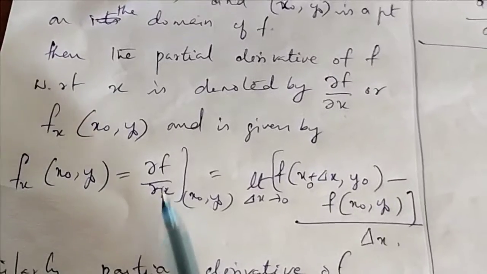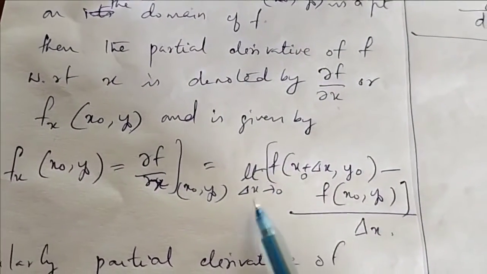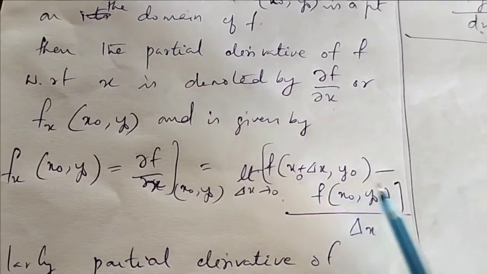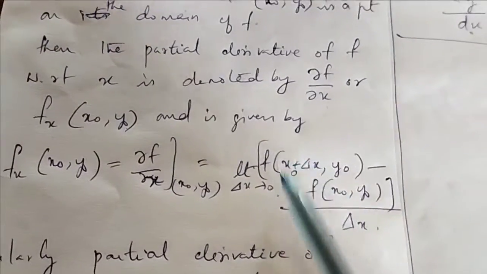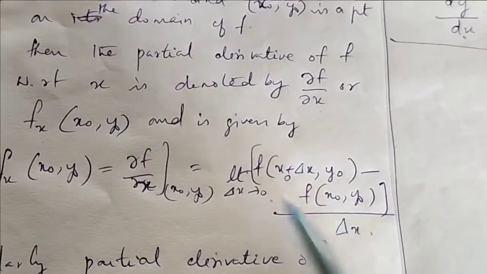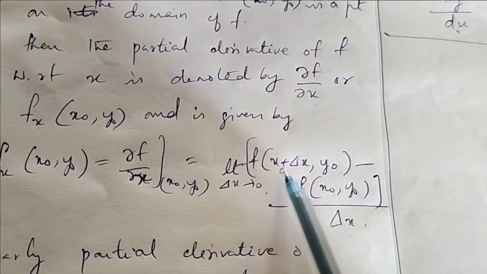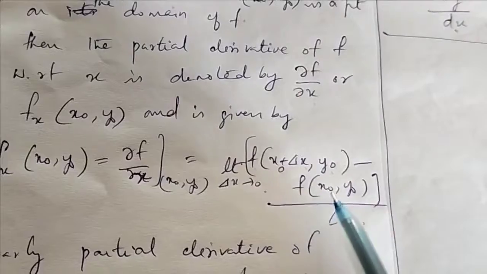And the definition is fx at x0, y0 is dou f by dou x at x0, y0, and it is defined as limit delta x tends to 0 of f of x0 plus delta x, y0 minus f of x0, y0, whole divided by delta x. So by looking into the definition itself, we can see that it is the function at x0 plus delta x, and the y coordinate is y0, minus the function at x0, y0.